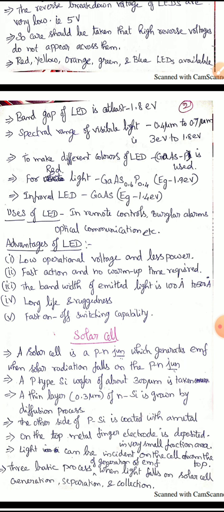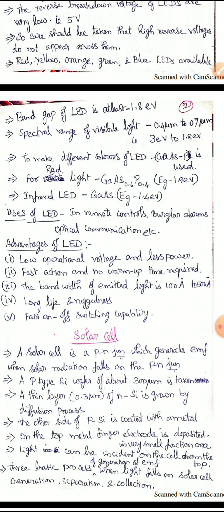To make different colors of LED, we use the semiconductors gallium, arsenic and phosphorus. If we need red light, we use gallium arsenic phosphide, with gallium arsenic 0.6 and phosphorus 0.4.